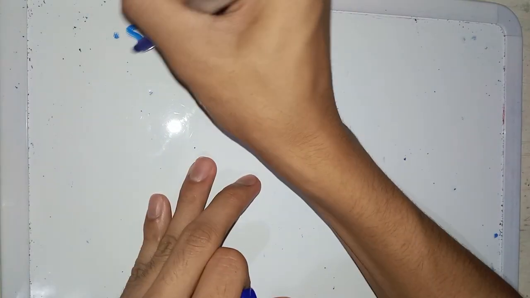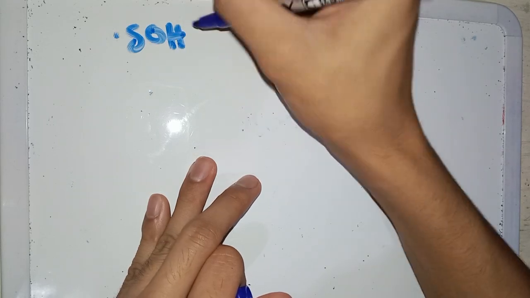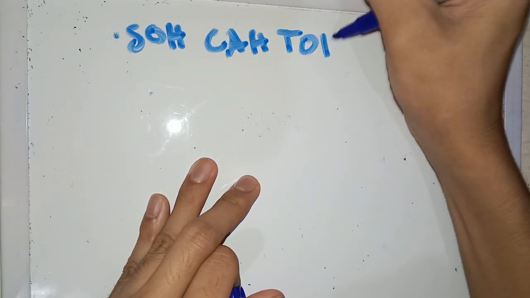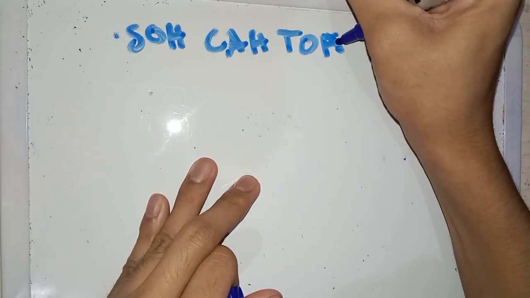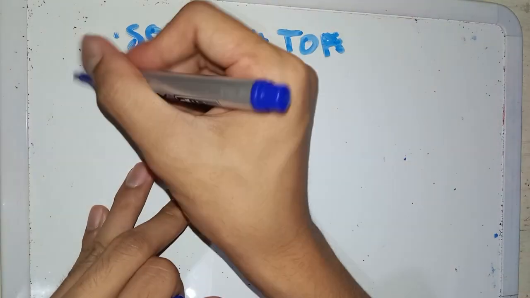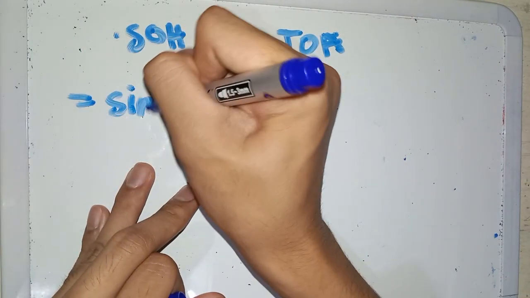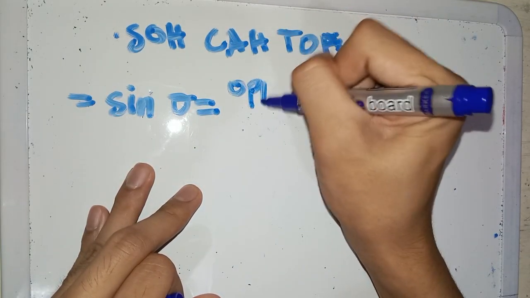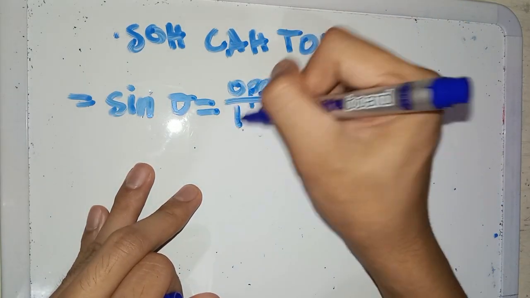I want to remind you that we need to make sure that we are familiar with SOH-CAH-TOA. So, SOH means sine theta is equal to opposite over hypotenuse.